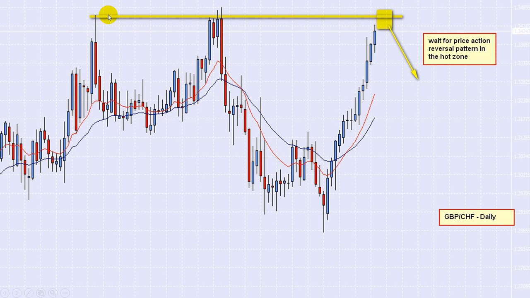If I was drawing this line, I would like it around this area rather than this area up here. In any case, what I'm interested in is to see what happens in the hot zone, which I've just called in there. So what I really want is to wait for some kind of price action reversal pattern in that hot zone, and then if I should get it, well then all systems go and it would trigger a setup for me. So the chart of the day for today: GBP CHF on a daily timescale.